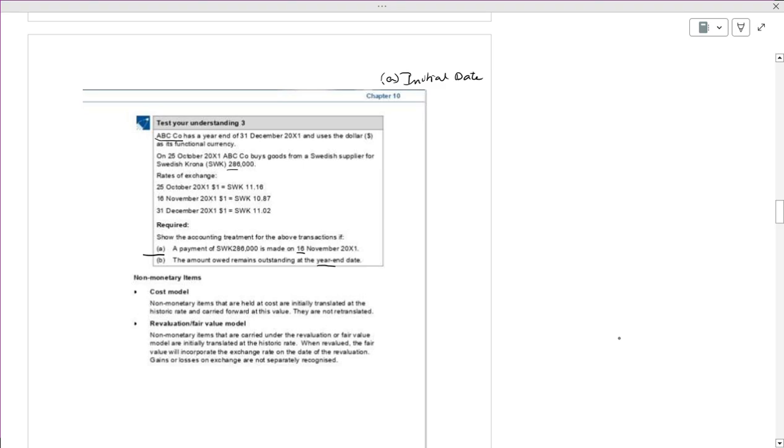How many KR have they purchased? Swedish krona. How much is there? 286. Fine. Now, in order to convert it, what do we have to do?